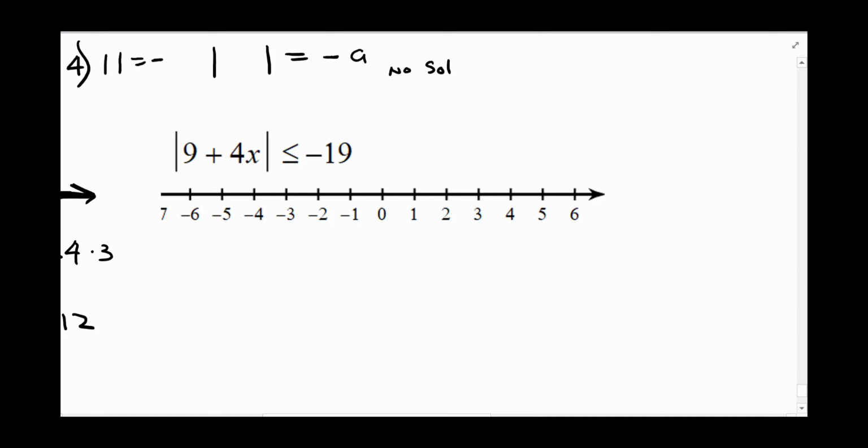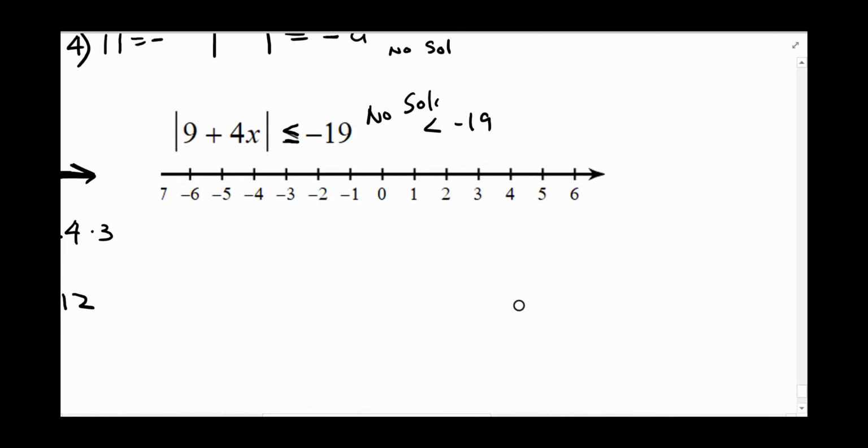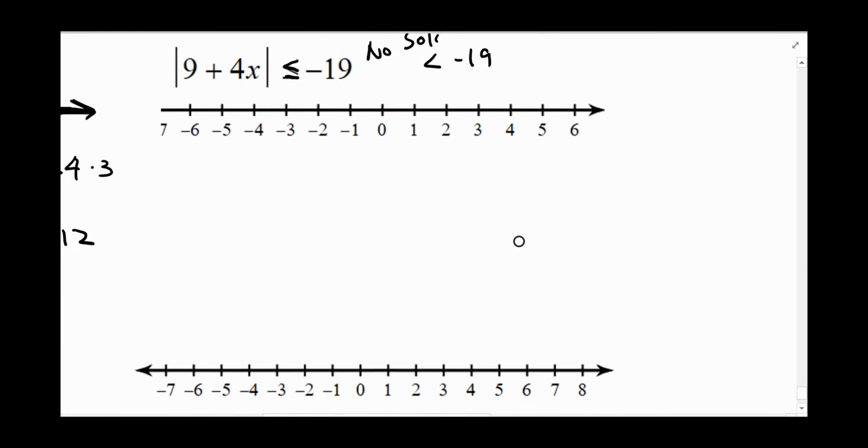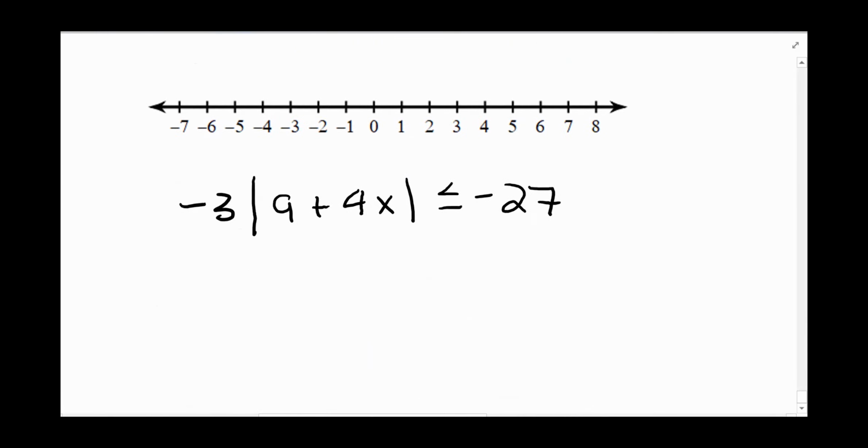If you've got an inequality that's either less than or equal to, or less than a negative number, right away you can simply say no solution. You don't have to take it out and do two separate equations. However, be very careful about that. Don't get too excited and think, oh great, that'll be easy because we can just save on doing a lot of work. This is what I mean.